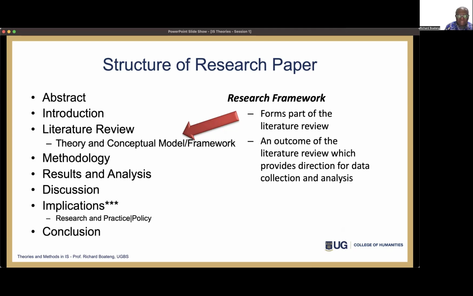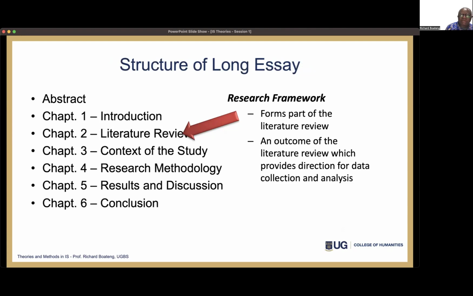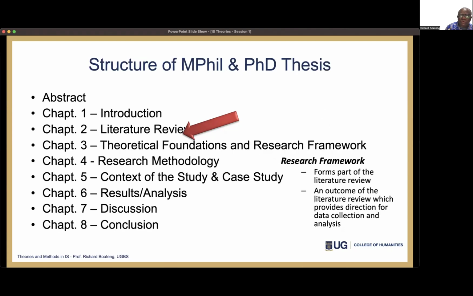Other approaches can have the research framework standing on its own, like the paper I talked about, the CPT framework and the PEM model from Ghana, where there is a place called theoretical research framework, and it is discussed. And if you are doing a PhD, you may call that theoretical foundations or research framework.